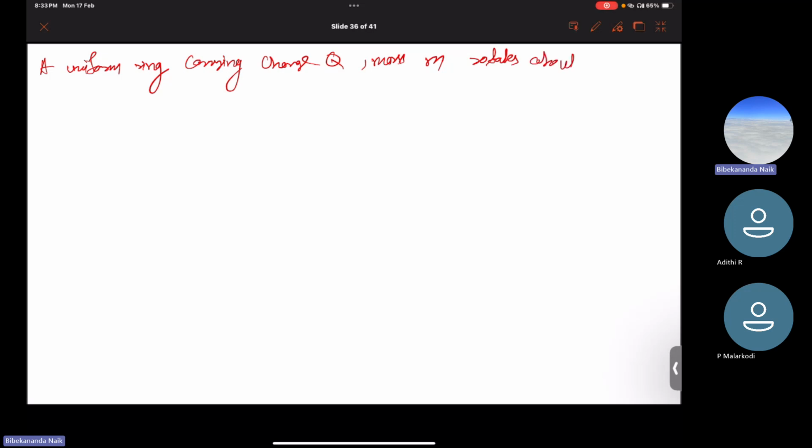What will be the gyromagnetic ratio of that ring? Can anyone tell me what we exactly mean by gyromagnetic ratio?